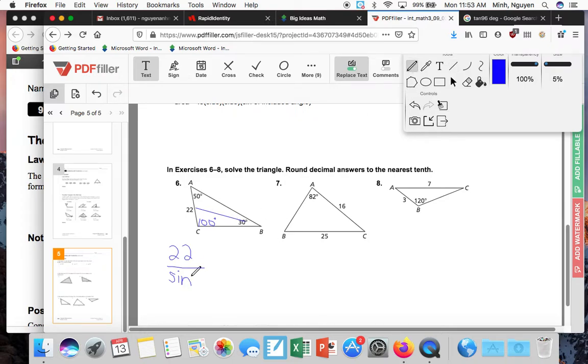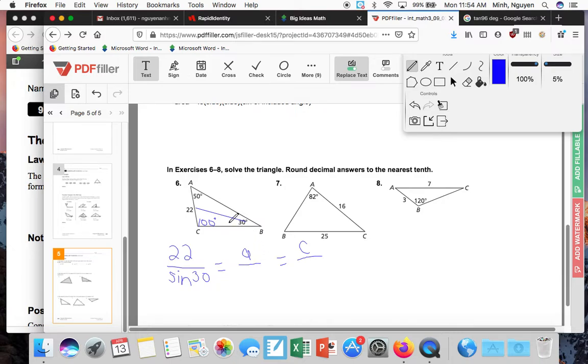So I'll go ahead and take sine 30. And we have to find both these other sides, but we don't know them. So this is angle B and side B. So we have to find A. And we have to also find C.